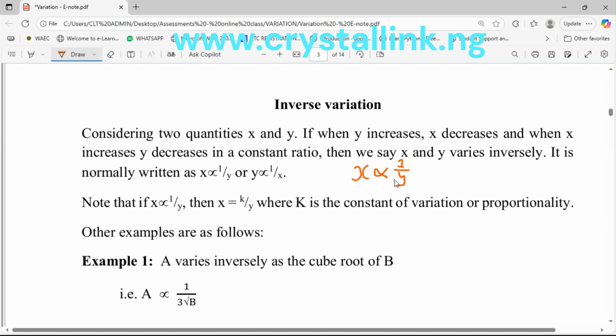So you can read this as x is inversely proportional to y, or x varies inversely as y. This also implies that y varies inversely as x. So either of these are the same. So once again, an increase in y will cause a decrease in x and vice versa.